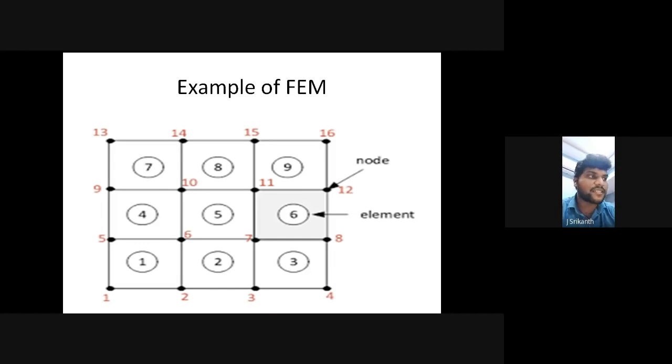That means we are dividing the particular wall. For example, there is a wall made of 9 bricks. At that time, we find out brick number 1 first. What is the stress? What is the strain? What is the displacement? What are the reactions? And then after completing brick number 1, we move on to brick number 2 to find out the stress, strain, displacement. Each and every brick goes through the same process.